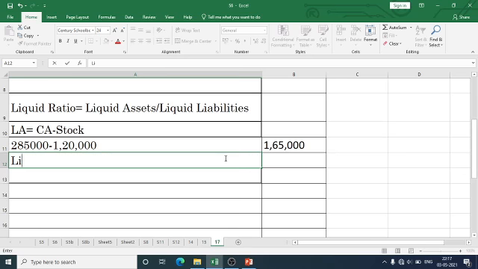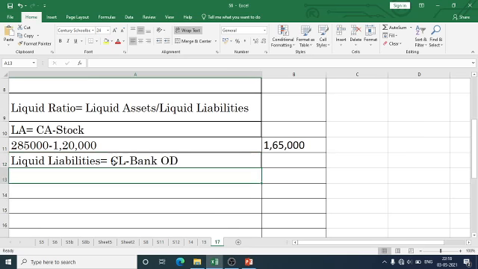And liquid liability, we have to calculate liquid liability. So liquid liabilities is equal to, from current liability we need to subtract the bank overdraft.